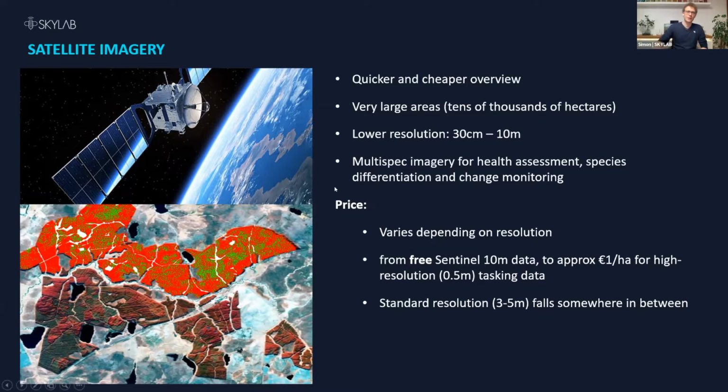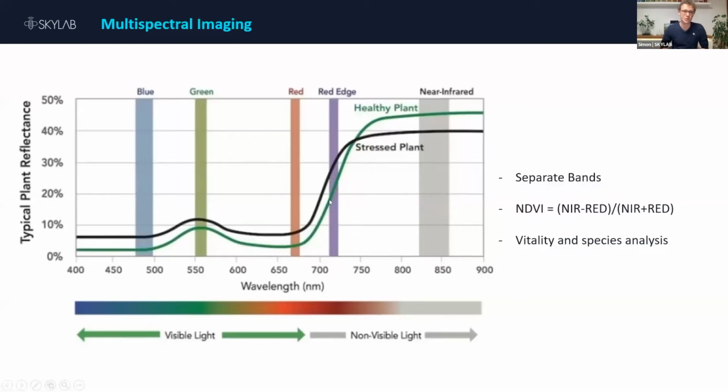With satellite imagery, we can also speak about multispectral. There are multispectral sensors for drones or airplanes, but they can only cover a small area, and as soon as the light conditions change, multispectral is quite challenging to do. With satellites, we cover huge areas at the same time, and here you can see the typical plant reflectance of multispectral data.